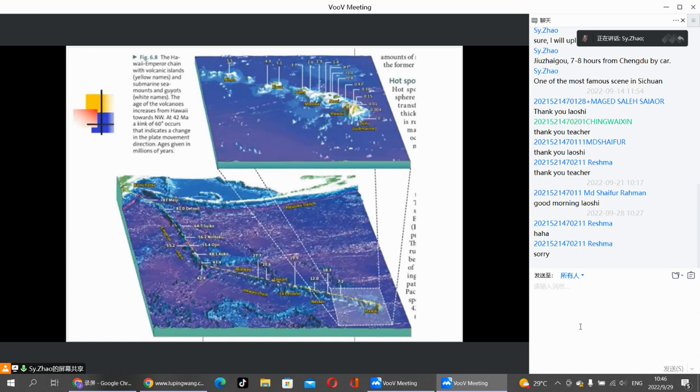Its diameter at the ocean floor is about 1,000 kilometers, roughly corresponding to the diameter of the plume head below. The island of Hawaii will drift out of the sphere of influence of the mantle plume, because the Pacific plate drifts over the plume at a rate of 100 kilometers in 1 million years.